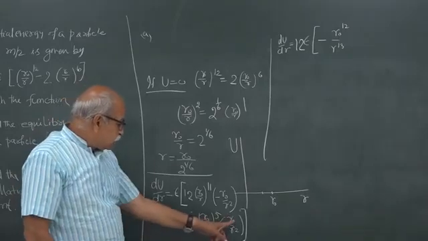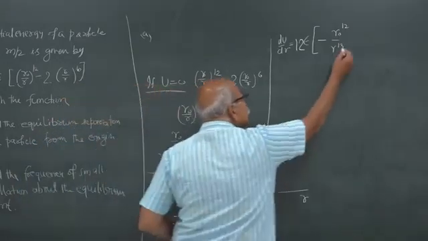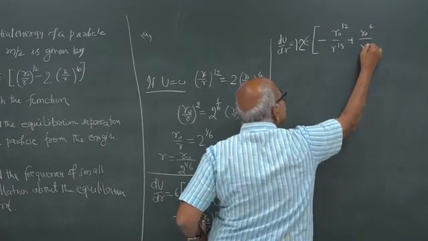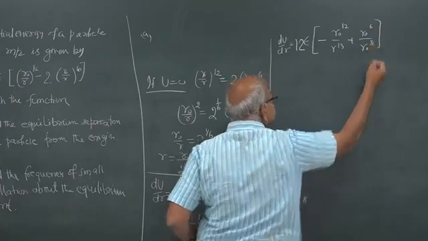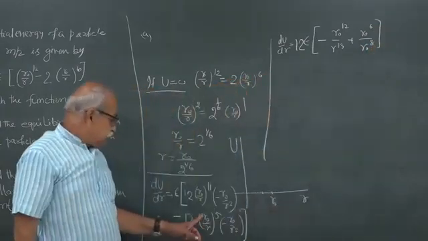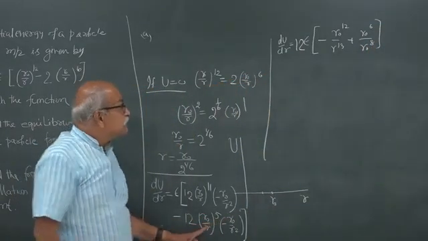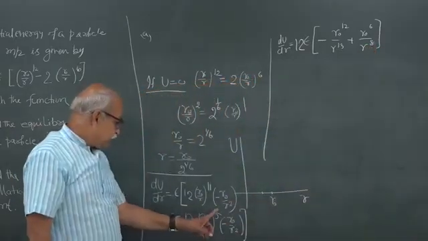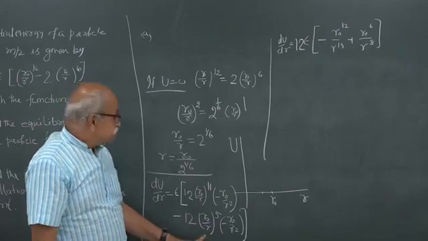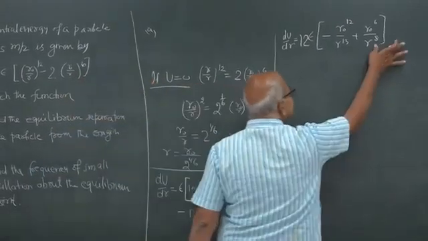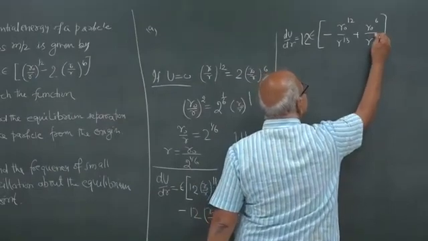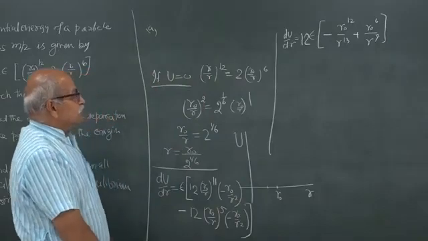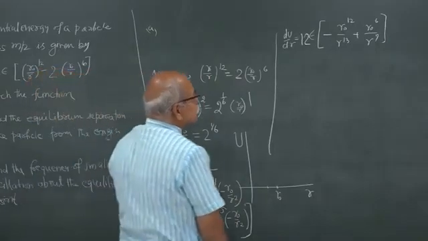So, plus r naught to the power 6 divided by r naught to the power 8. r naught to the power 6 divided by r to the power 8, divided by r to the power 5 from here and r to the power 2 from here. So, r to the power 7, this is r to the power 7. This is du by dr, right.